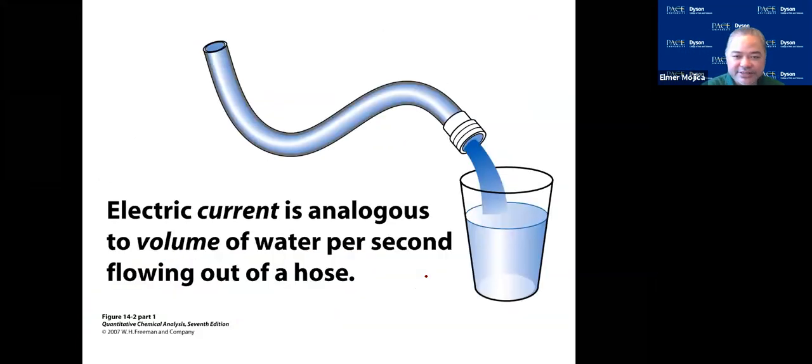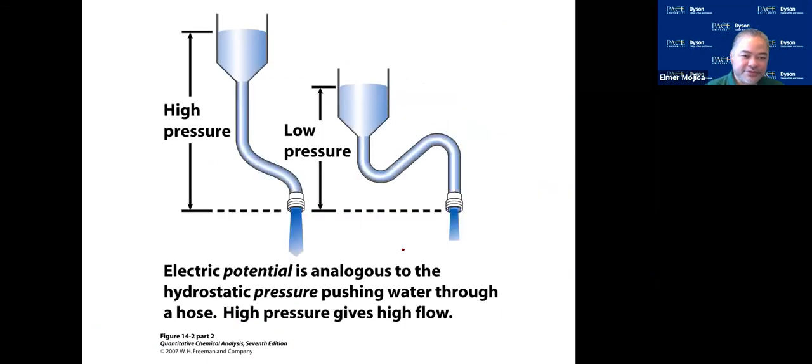So to at least help us understand what this current really is, we could say electric current is analogous to the volume of water per second flowing out of a hose. And how do you differentiate current from potential? Electric potential is analogous to the hydrostatic pressure pushing water through a hose. So high pressure gives high flow.